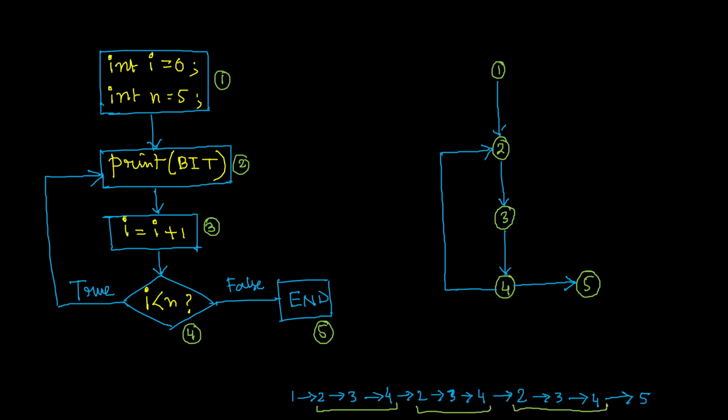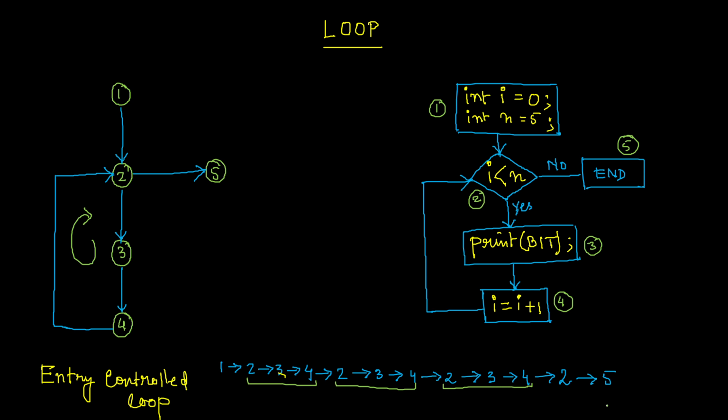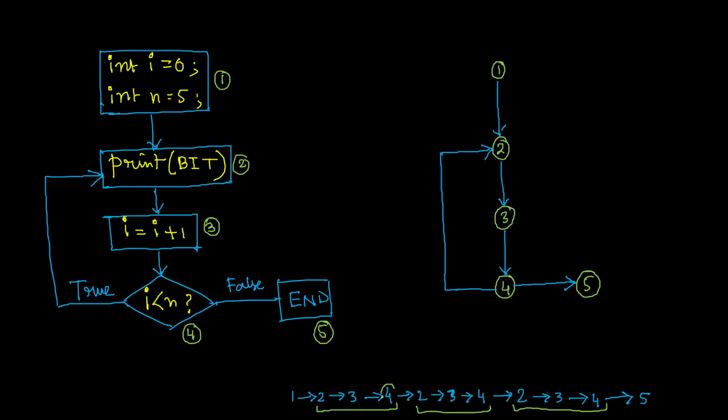But can you tell me what is the difference? The difference is that in the previous case the condition was present over here, in the loop as the first statement, but here the condition is present over here. You see, right? That means as the last statement of the loop.